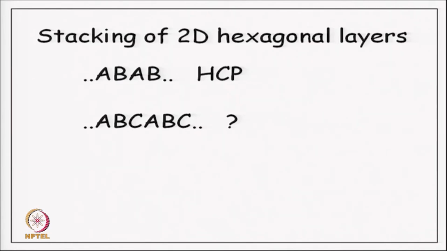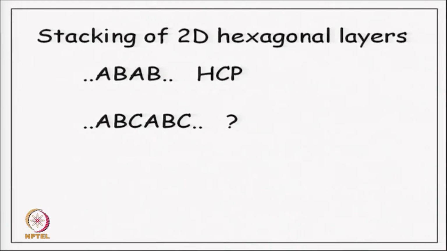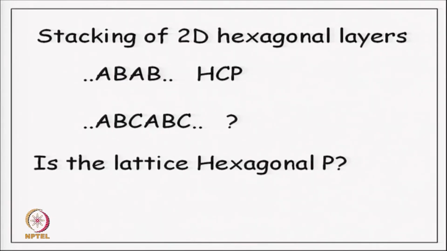What is the lattice or what is the crystal structure of this ABC ABC stacking? Note that the layers are still 2-dimensional hexagonal layers. So, is the lattice hexagonal P again?